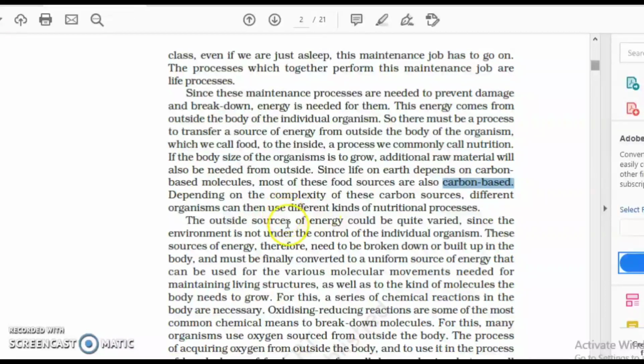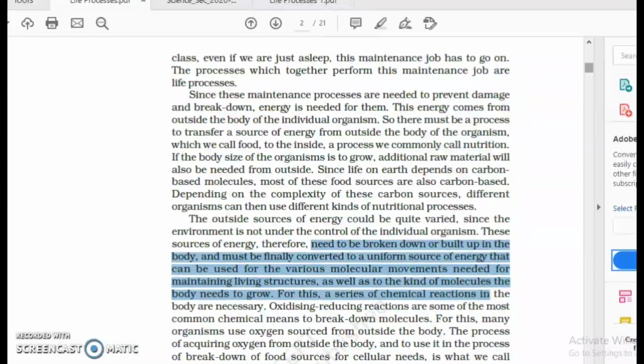But how does the organism generate energy from these food resources that it has obtained? For this, the organism needs to break down or build up the body, right, to get the source of energy, to ensure that this energy guarantees movement of molecules, movement of the body parts, and so on. So you were discussing the second life process, which is respiration, and how does NCERT define respiration?